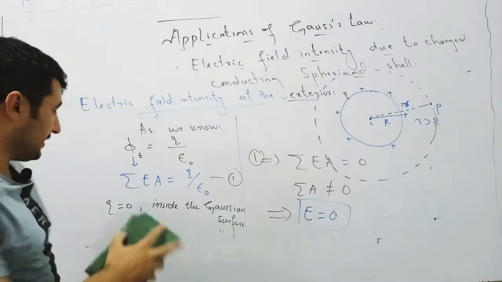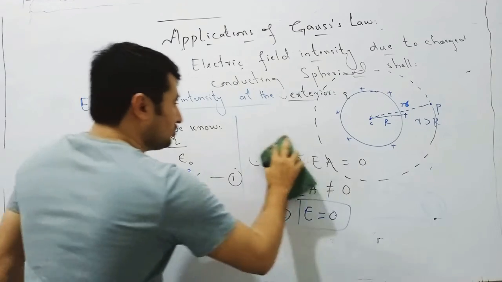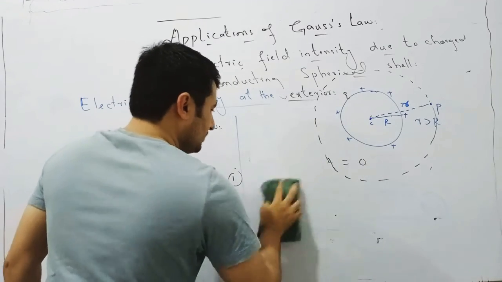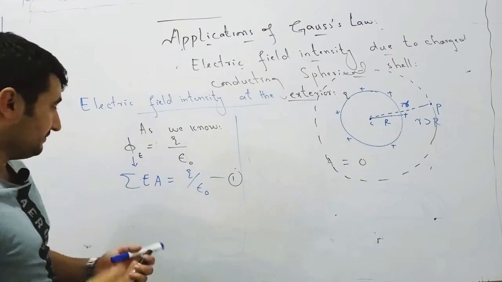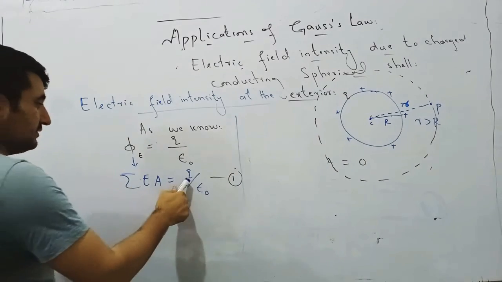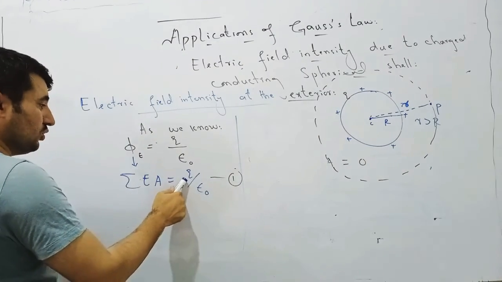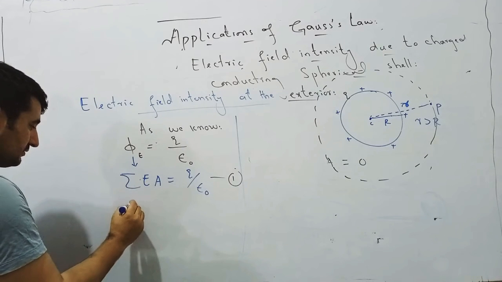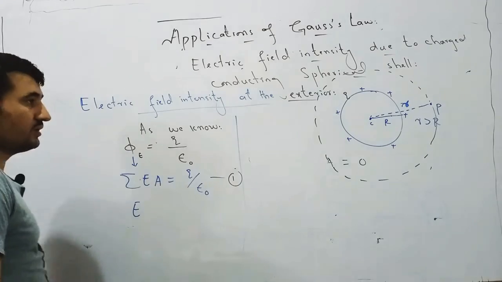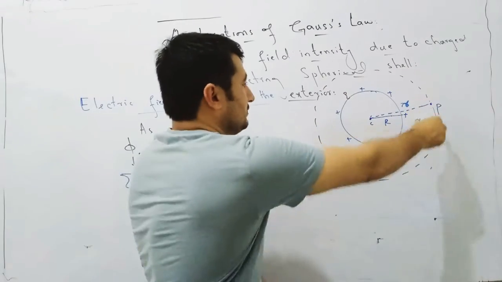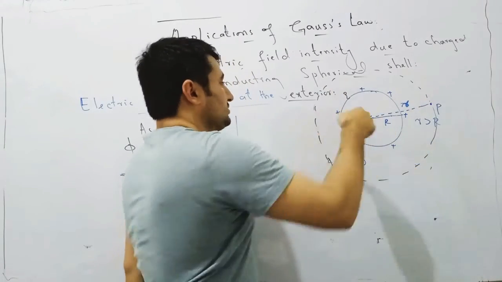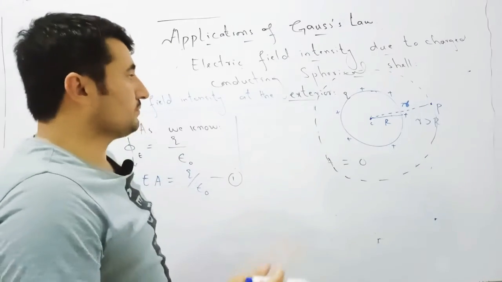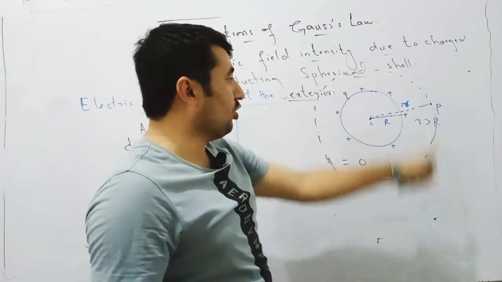But in this case, charge enclosed is not equal to 0. You can find out simply. In this case, this Q is not equal to 0. So what we can write, summation E is constant. At this point, it's a spherical shell. So summation हम apply करेंगे for the whole surface.